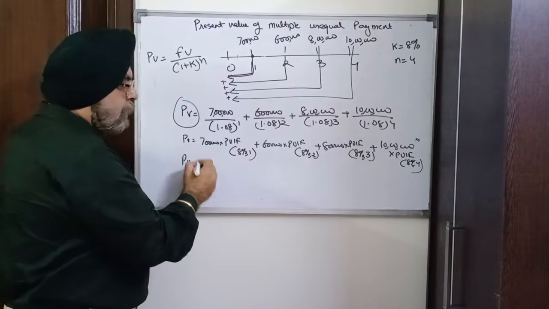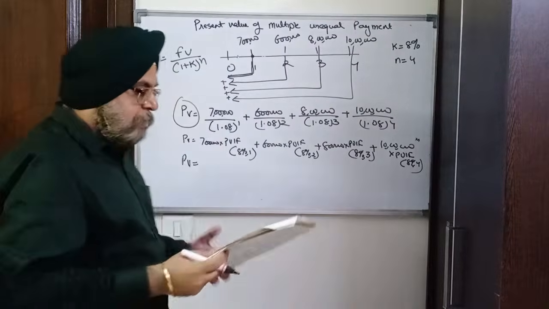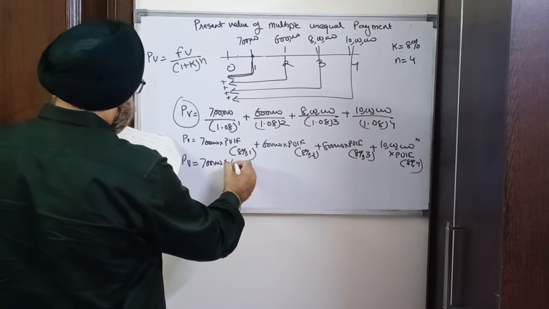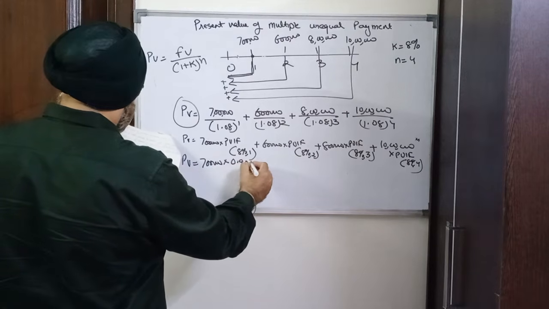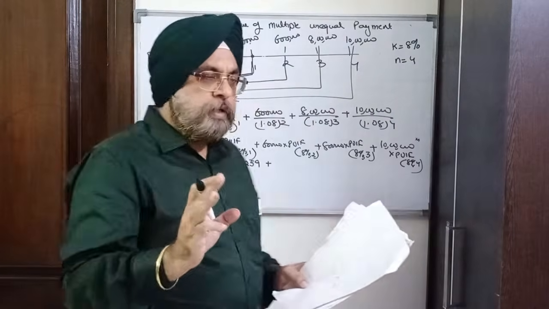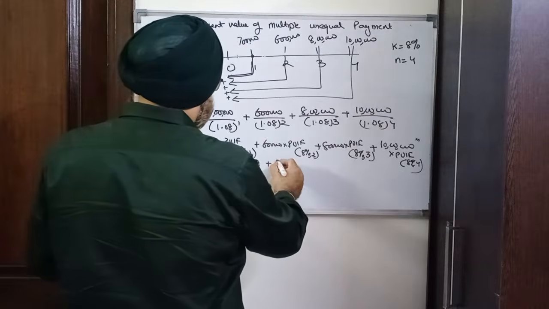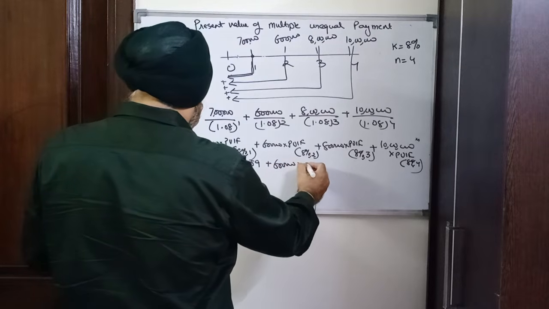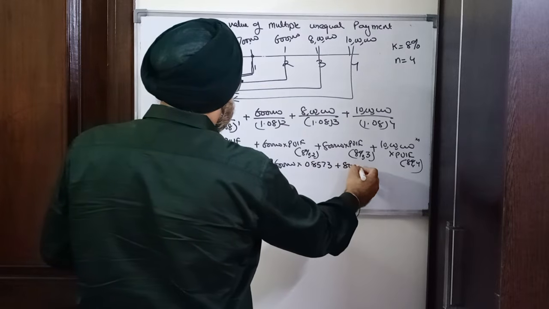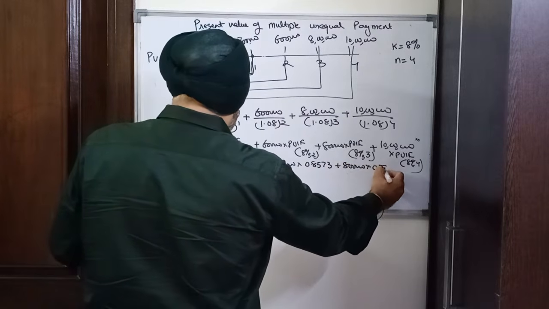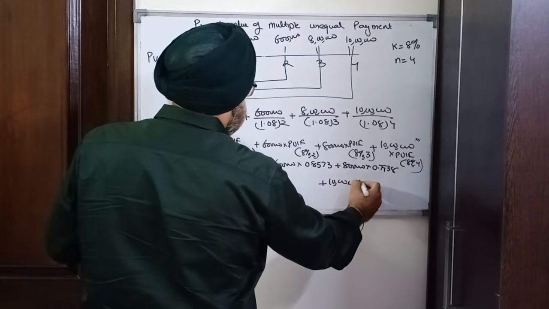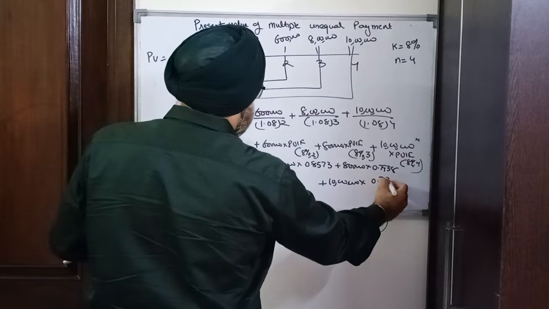Now we will use table number 3 and we will multiply the values. 7 lakh into 0.9259. We will use table number 3 or table number C or A3. 6 lakh into 0.8573 plus 8 lakh into 0.7938 plus 10 lakh into 0.7350.